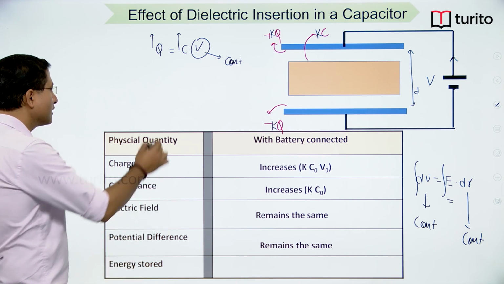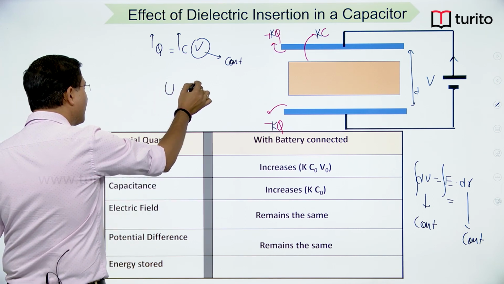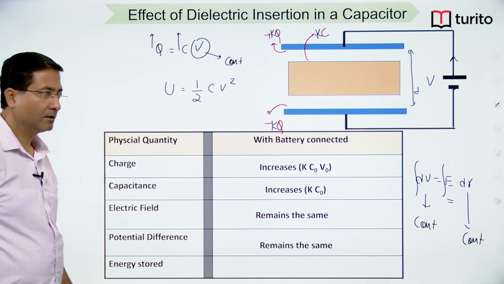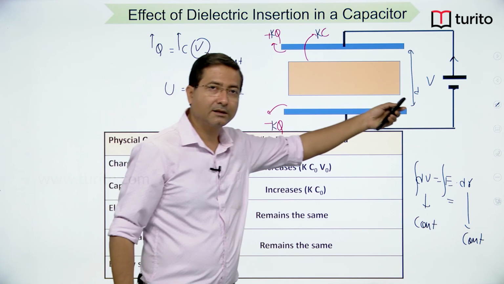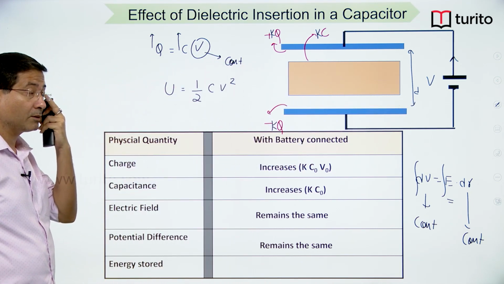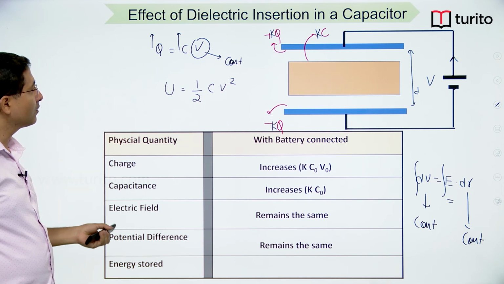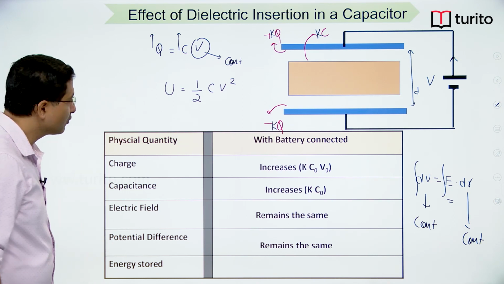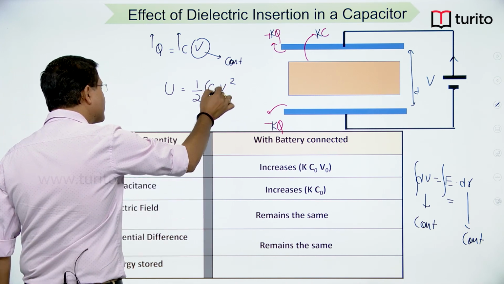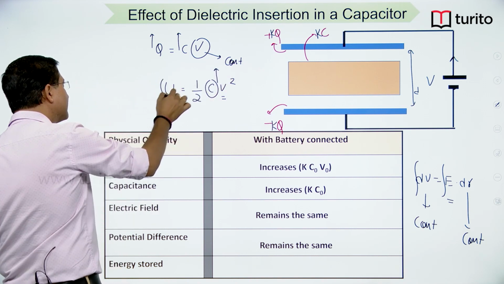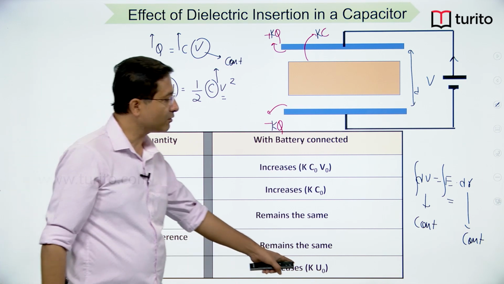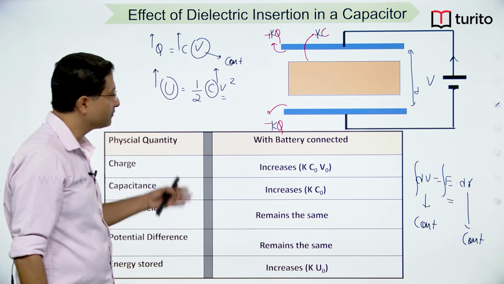The last one, the energy stored. For energy stored, I can now use half CV square, because in this case potential is constant, that is why I am using this formula. In the previous case charge was constant, that is why I used the formula half Q square by C. Now, in this case potential is constant, capacitance is increasing, energy must increase, and it will become K times of the initial value, right.